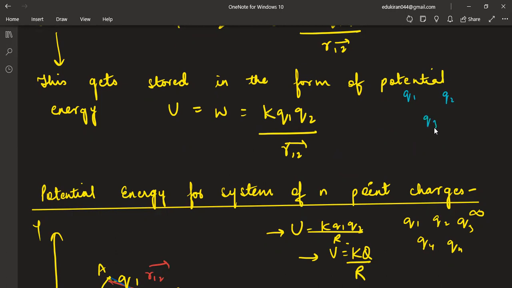So you will count the number of interactions. One will be between Q1 and Q2, so you will use this. Then between Q2 and Q3, so you will use K Q2 Q3 divided by the separation between 2 and 3. Then Q1 and Q3, K Q1 Q3 divided by the separation R13.